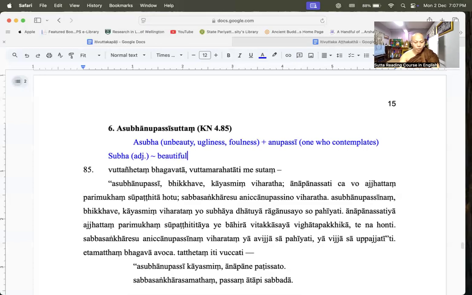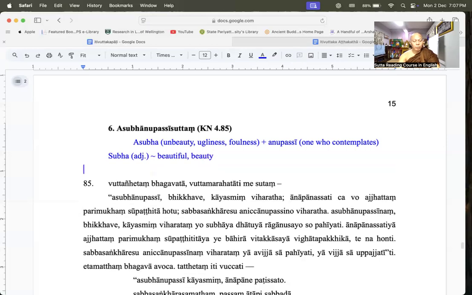So beautiful or beauty. Now Asubha is also an adjective actually. So not beautiful is the literal meaning of that one.